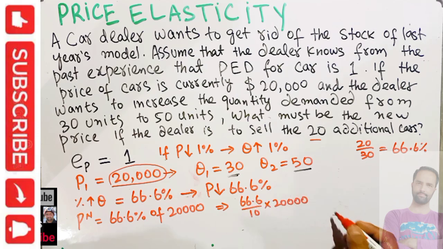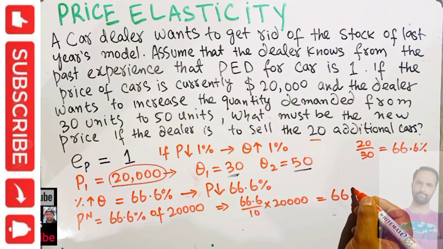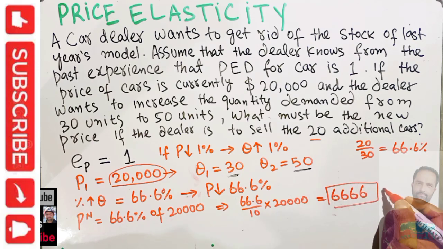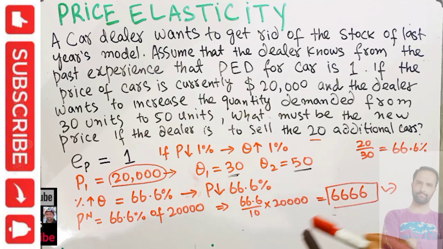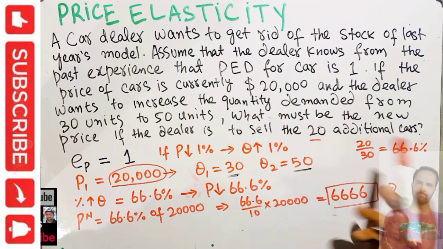It will come out to be something like 6,666. I am not sure about the calculation, but the new price that he should set should be $6,666 if he wants to sell 20 additional cars.